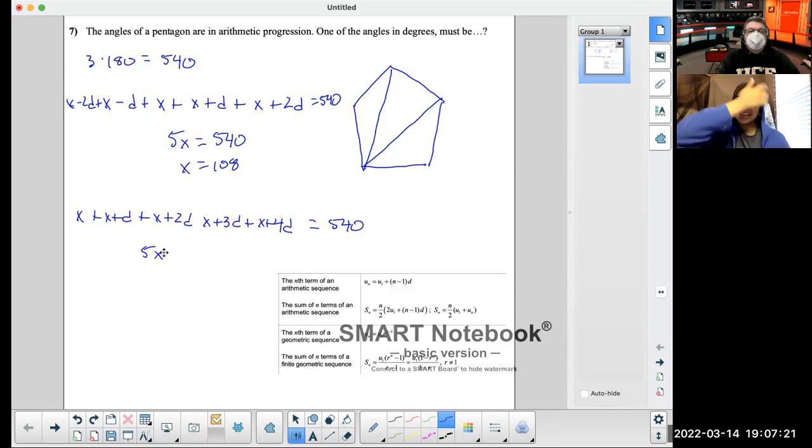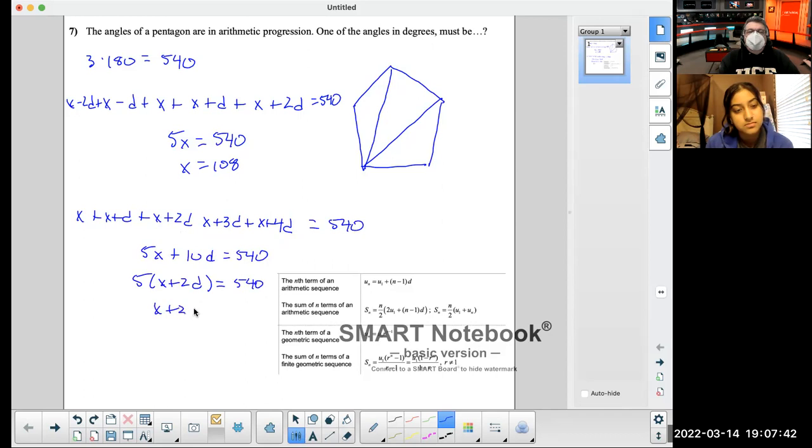Yeah. 5x plus 3, 6, 10d equals 540, right? 5 times x plus 2d equals 540. X plus 2d equals 108, right?